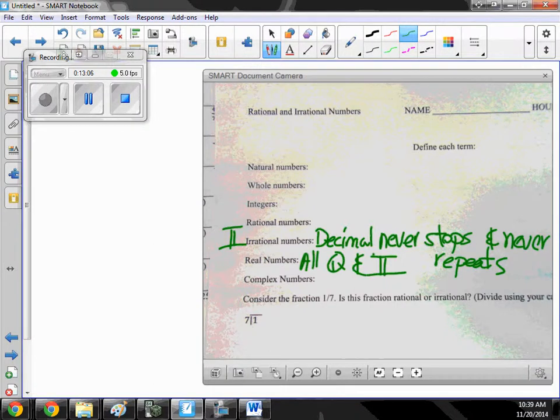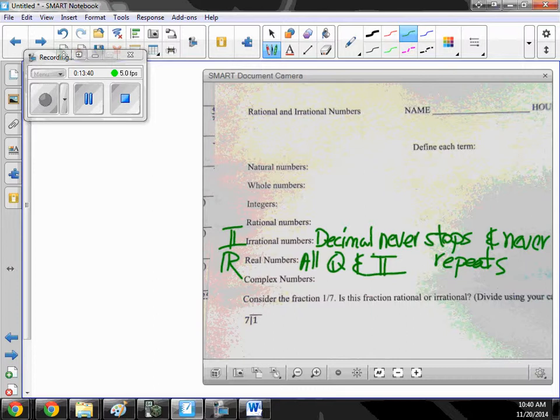So if you look at a number line, and you throw a dart and hit the number line, the number you hit is either rational or irrational. One or the other. Now, if it's rational, it might also be an integer or a whole number or a natural number. But today we're just going to distinguish between, is it rational, can it be written as a fraction, or not. It's that easy. What's the symbol for real numbers? The R with a double line.